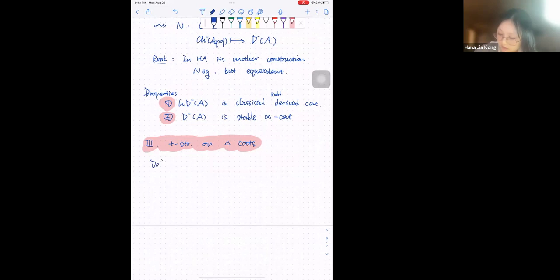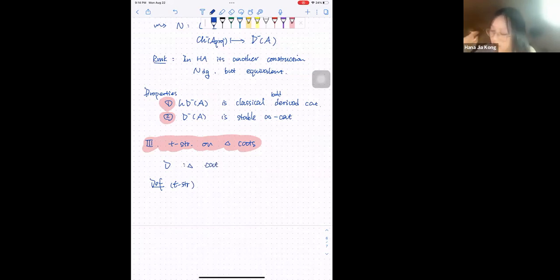Definition. A T structure. Let me first fix D, which is a triangulated category.